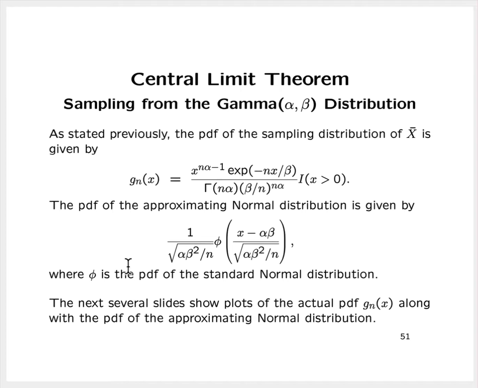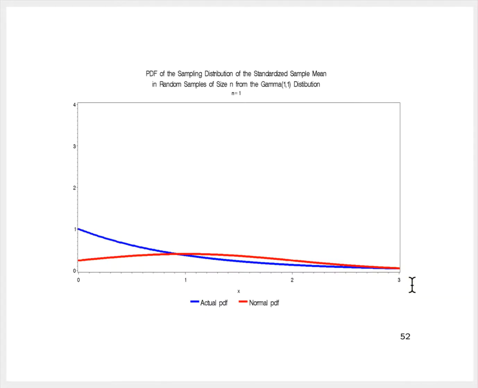That would give us the PDF of the approximating normal distribution, in other words, the normal distribution that has the same mean and variance as x bar itself. And so here we're comparing not the CDFs, but the PDFs: the actual PDF of x bar for a given sample size, and the corresponding approximating normal PDF.